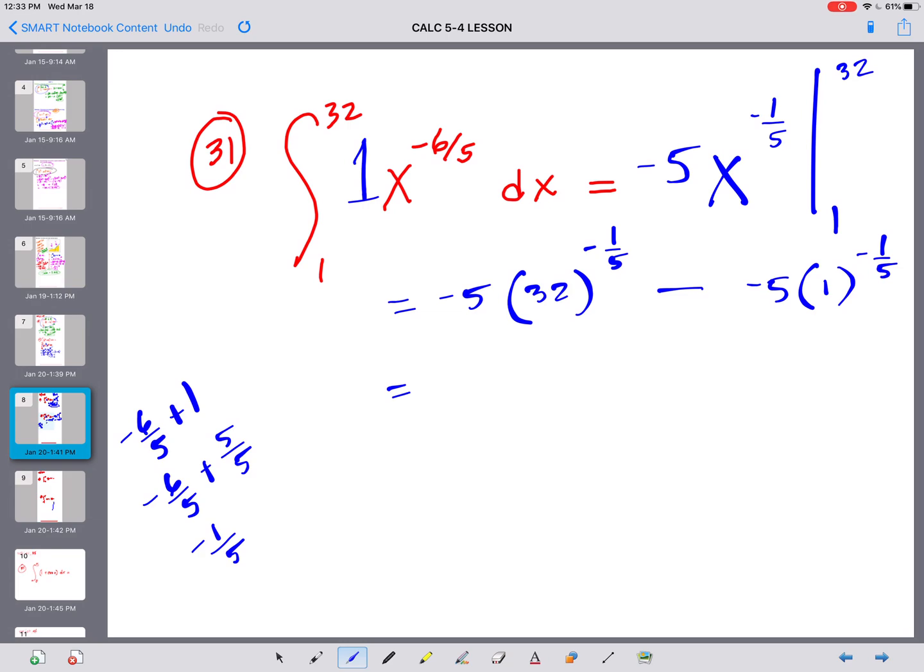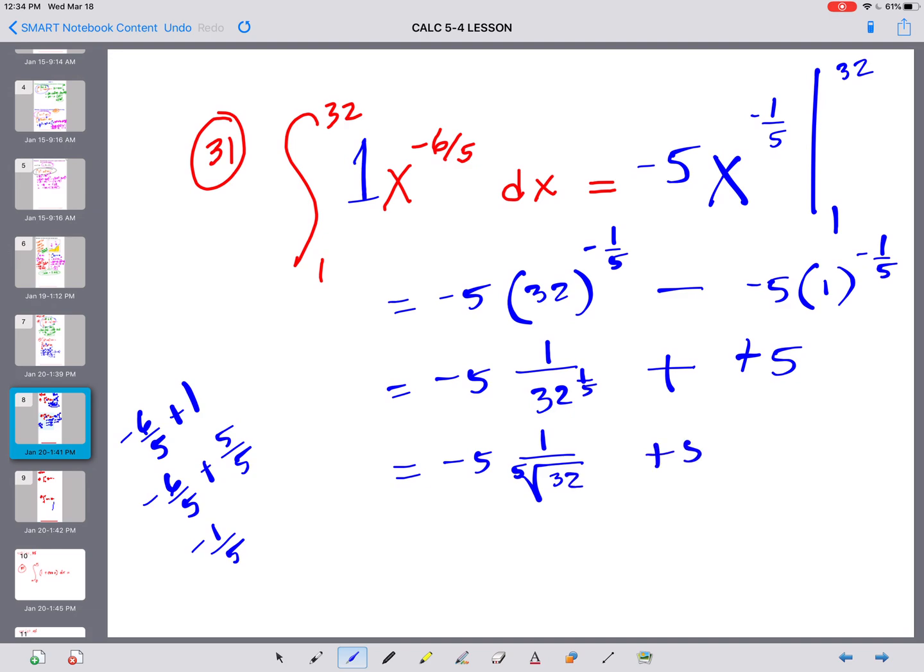Okay, now I'll do this by hand. A negative power means 1 over 32 to the 1/5, and 1 to any power is just 1, so that's -5 minus a negative, plus a positive. Now, this is -5 times 1 over the 5th root of 32, and that's plus 5.